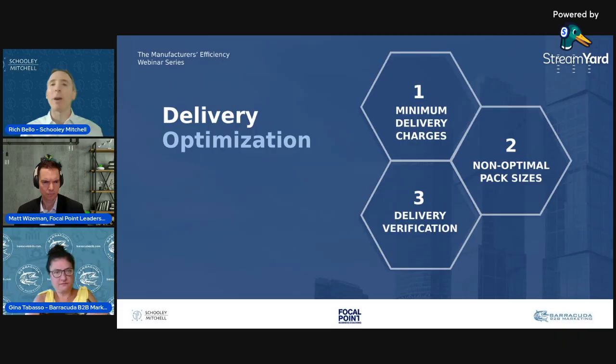Similarly, when we talk about the products themselves and non-optimal pack sizes, this is where, when you're talking about a manufacturing facility or any large facility where there's a lot of people on site and they're going through a lot of these facility supply products on a regular basis, it probably doesn't make the most sense to buy in small pack sizes. So if we're talking about toilet paper, for instance, you probably don't want the pack of 6 where you have to buy a lot of those packages.